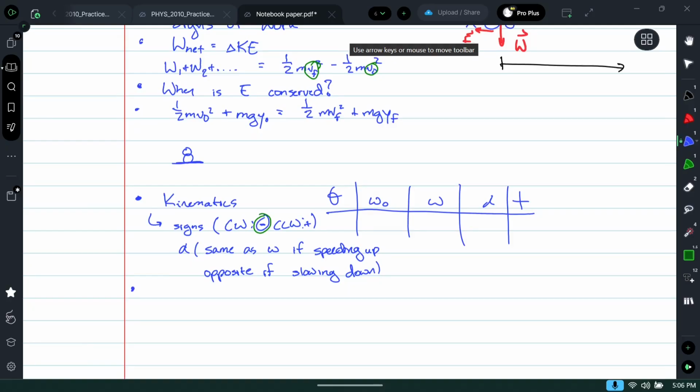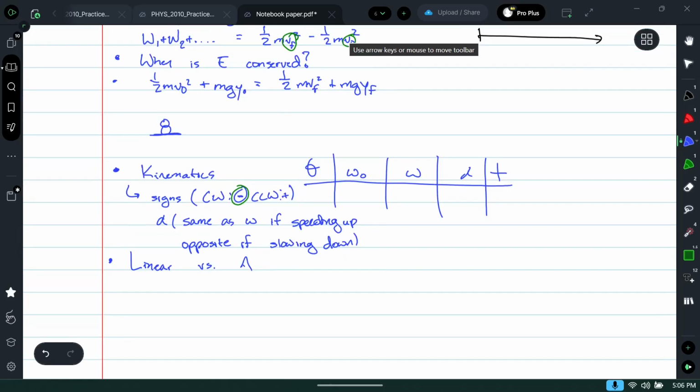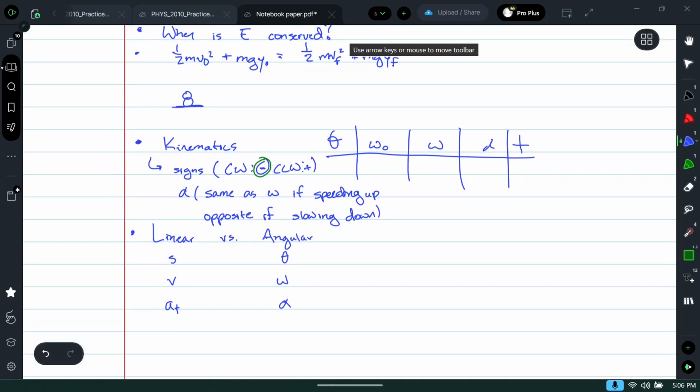That's the big calculation. The other one is linear versus angular variables. So the linear variables are the arc length, the tangential speed, tangential acceleration. The angular are angular displacement, angular velocity or angular speed, and angular acceleration. And it might be a question where you know something on the right-hand side, and I ask, well, how far has it moved?